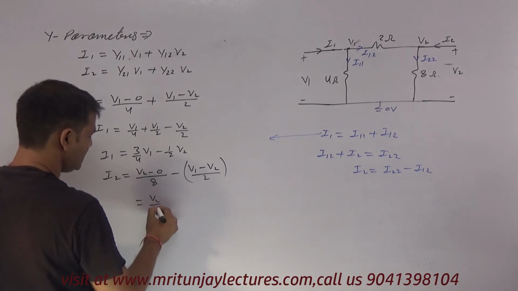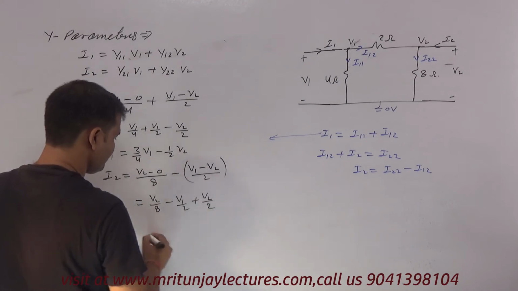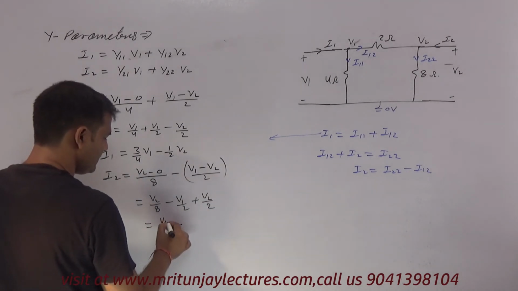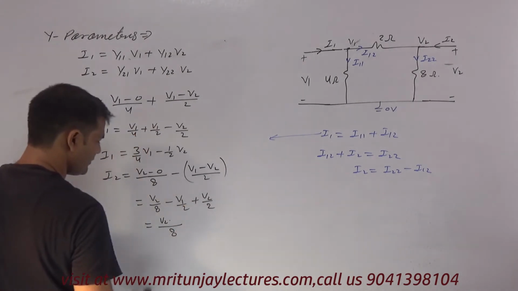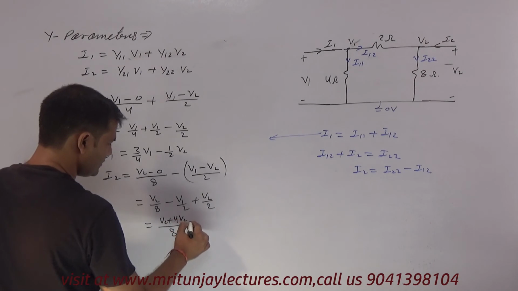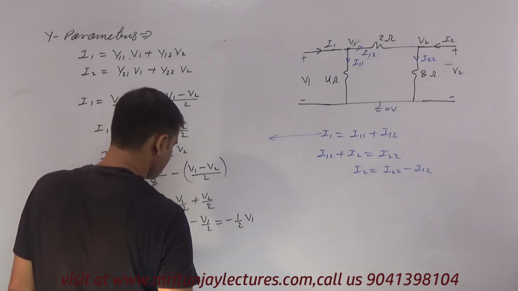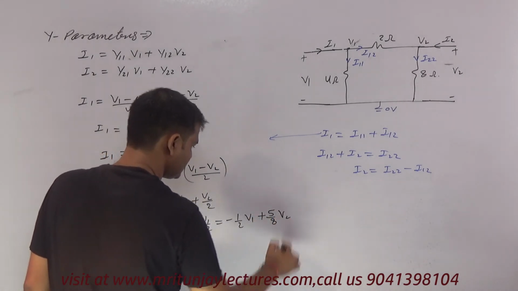So V2 by 8 minus V1 by 2 plus V2 by 2, that is 1 by 8 plus 1 by 2, which gives 5 by 8 V2. So minus 1 by 2 V1 plus 5 by 8 V2.